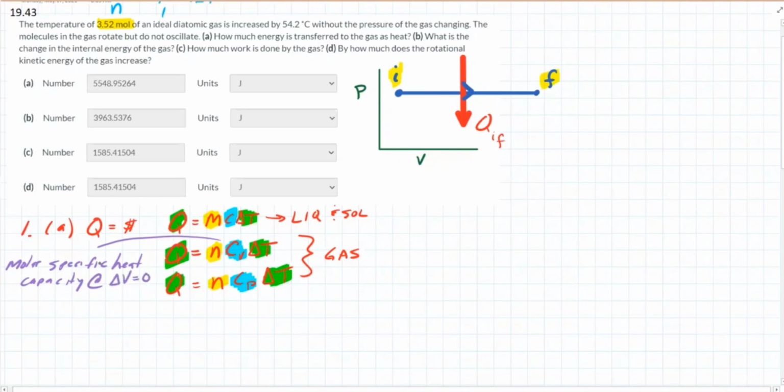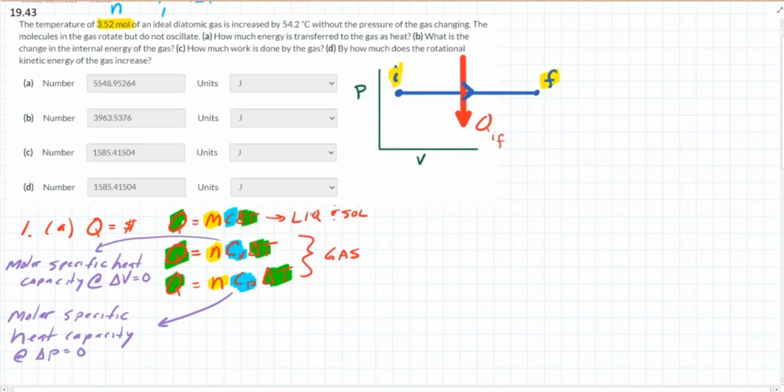Delta V equals 0 means constant volume. So it's just a nice shorthand way. C_P is the same thing, but I'm going to write down molar specific heat capacity at constant pressure, which I will write as delta P equals 0.